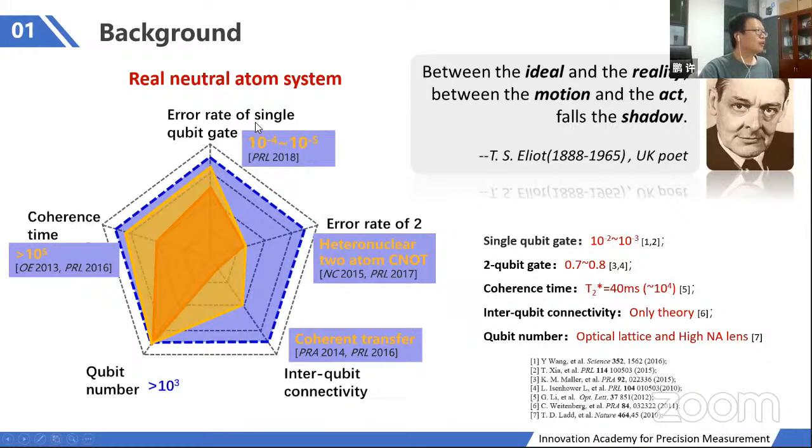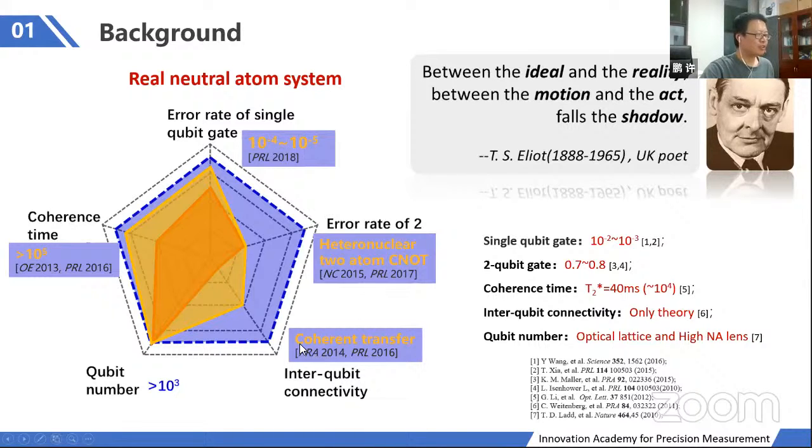We also demonstrated a single qubit gate with an error rate as low as 10⁻⁴. And we have constructed the heteronuclear 2-atom gate. Although the gate fidelity is not as high as possible, not as high as 0.9, it's just a step towards the 2-qubit gate.